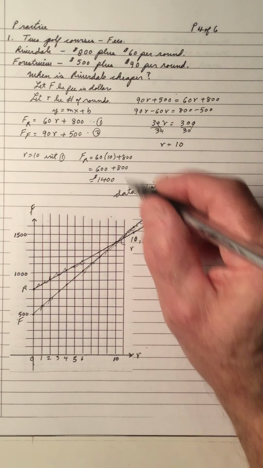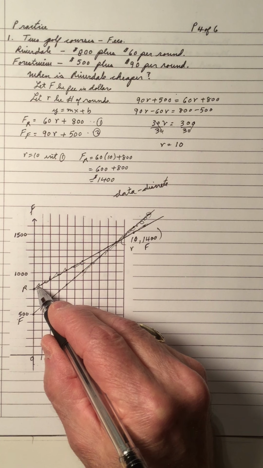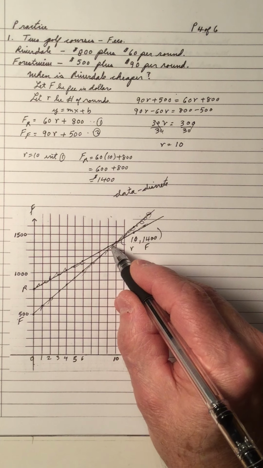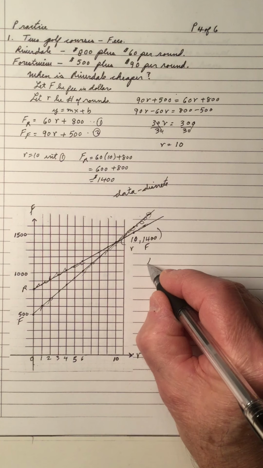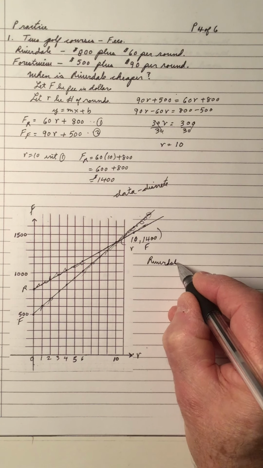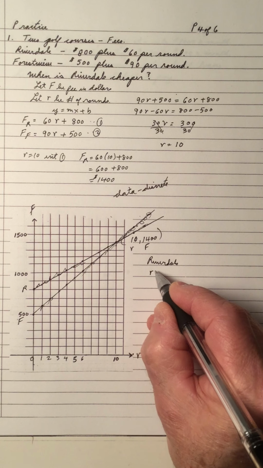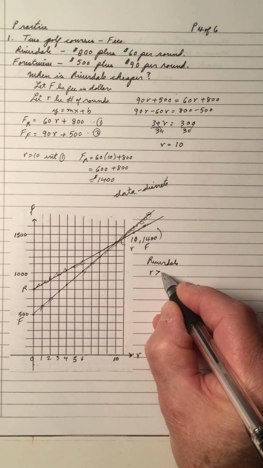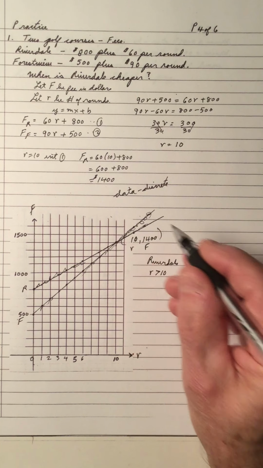So it says, when is Riverdale cheaper? And Riverdale is here. So Riverdale is more expensive here and is cheaper here. So Riverdale is going to be cheaper after 10 rounds. So when it's greater than 10, not equal to 10, because at 10 they're both the same.